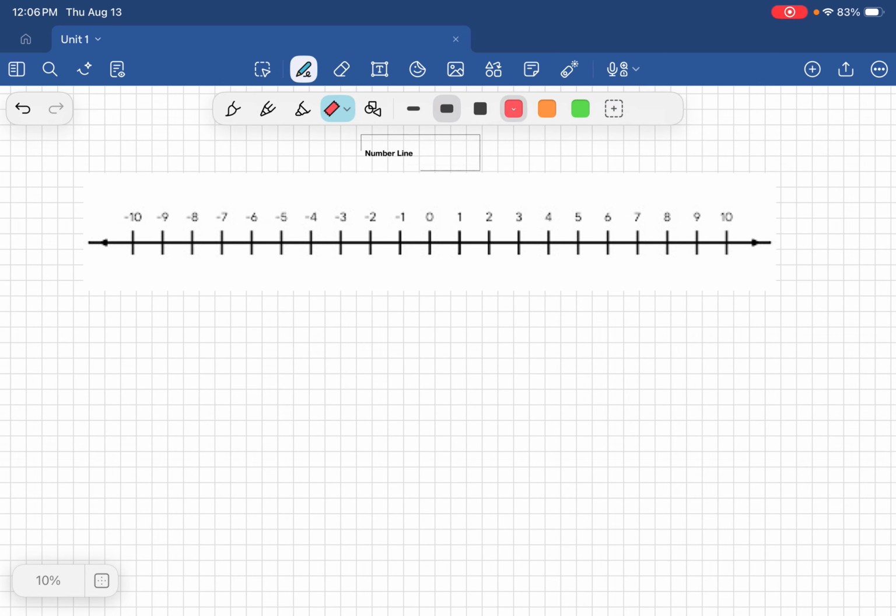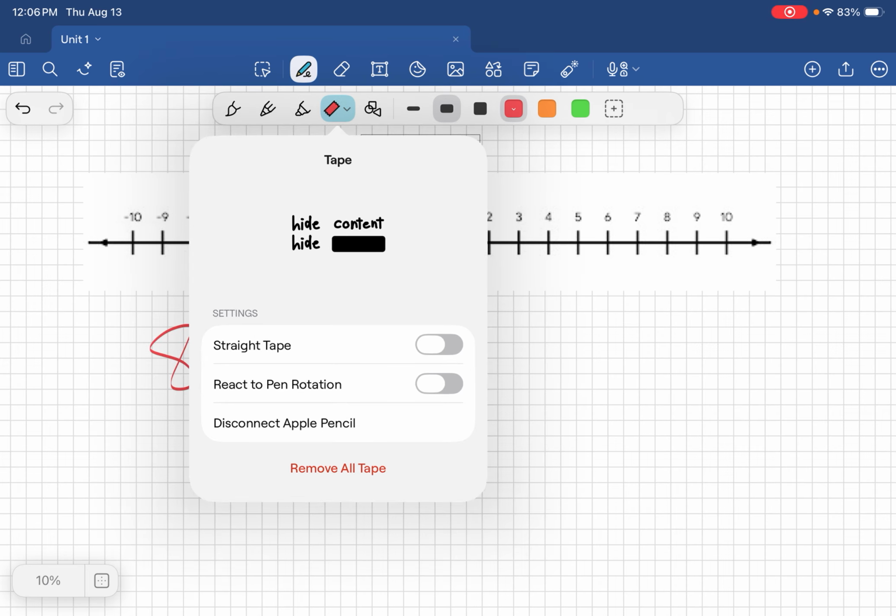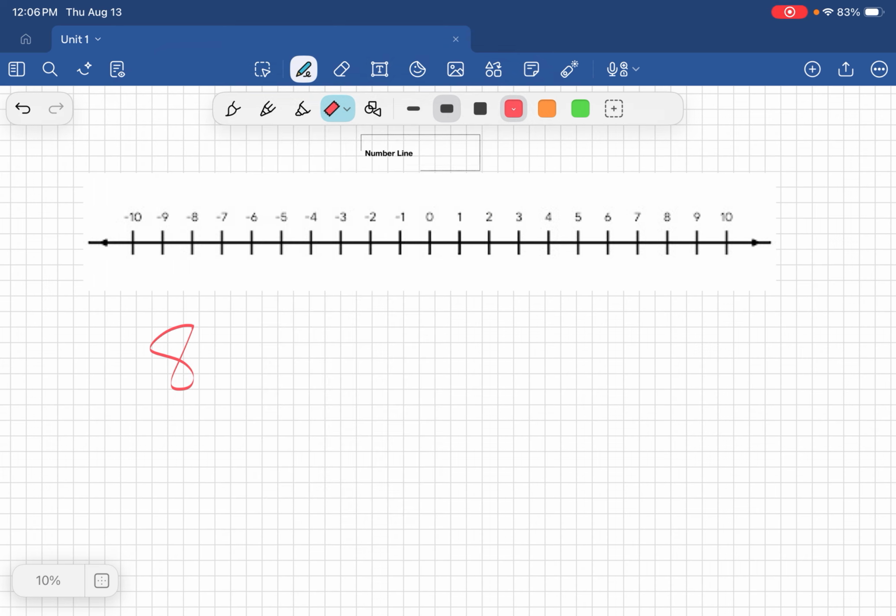Let's review the most important idea from today's lesson. When you see subtraction, change the subtraction into an addition problem and use the opposite of the number you're subtracting. For example, 8 minus 3 becomes 8 plus negative 3.